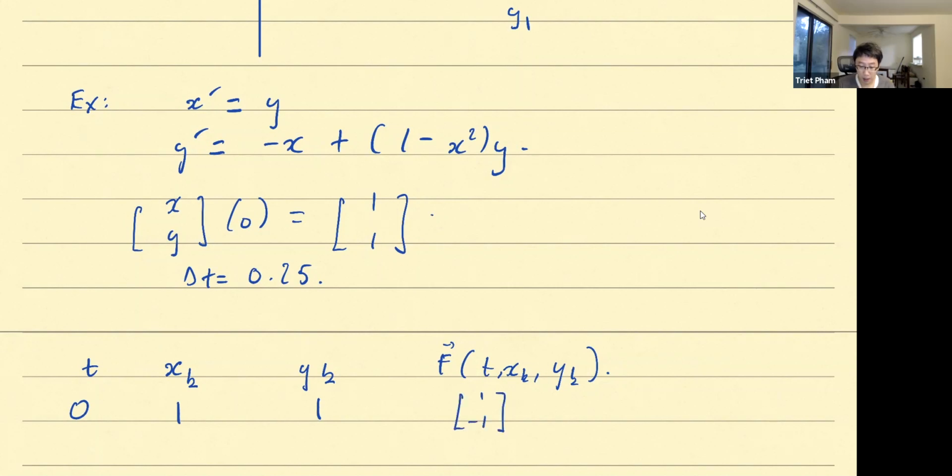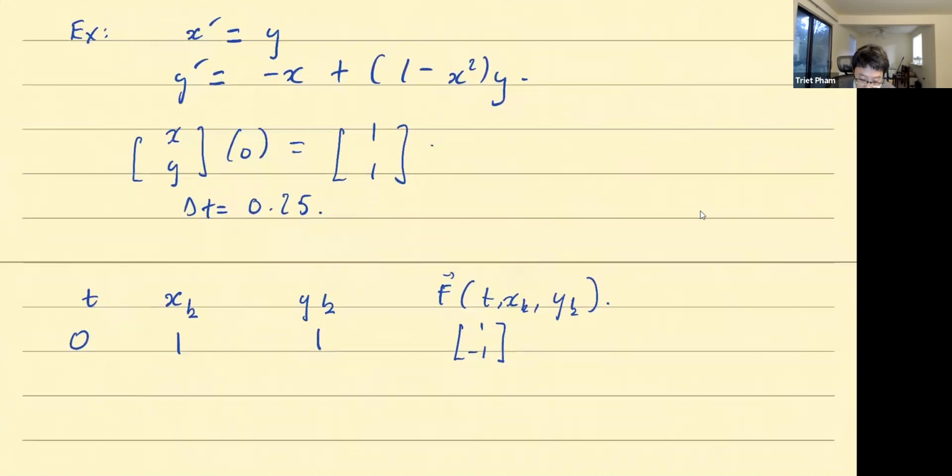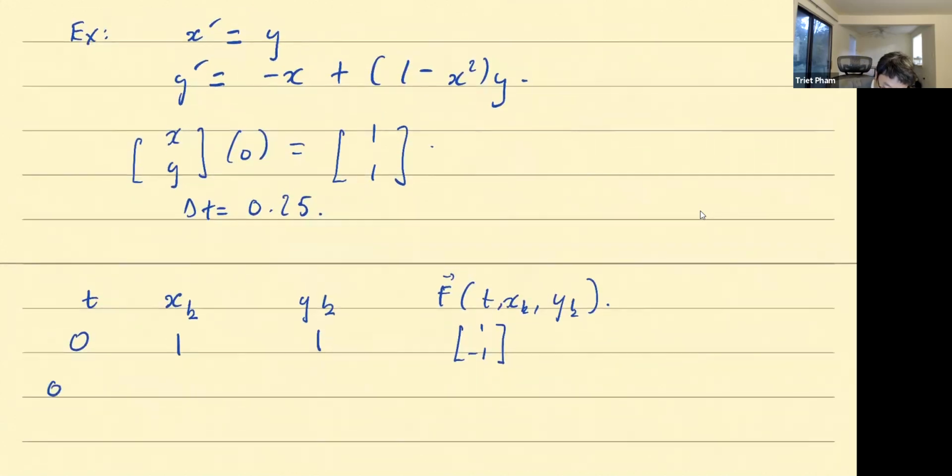Now you move on to 0.25. And then this will be 1.25 and then 0.75. You see why?